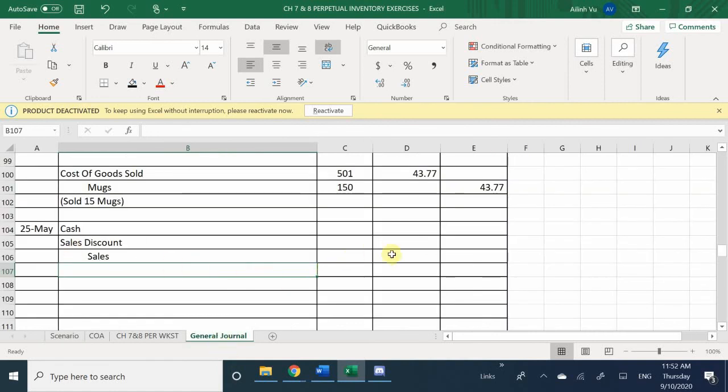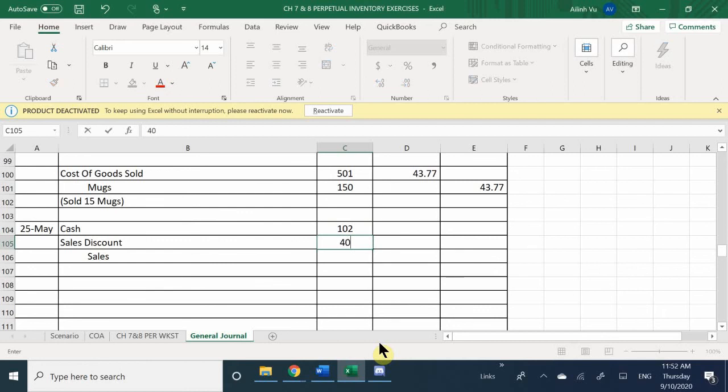Okay, so my total sales here on cash is 1750. So my sales discount is 405 and sales is 401. So in this case, sales was $10 at 175. So my total sales is $1750.